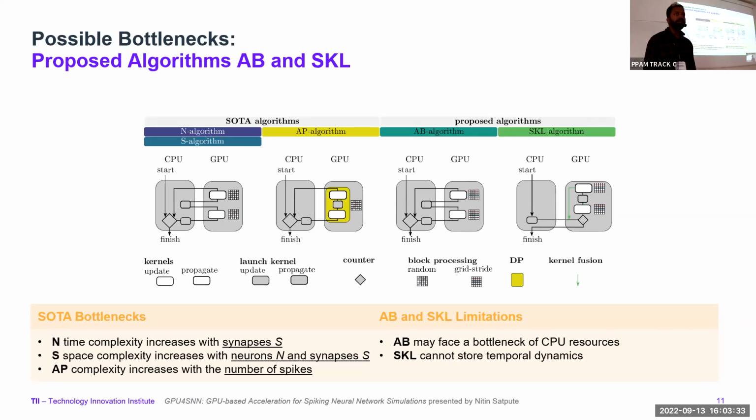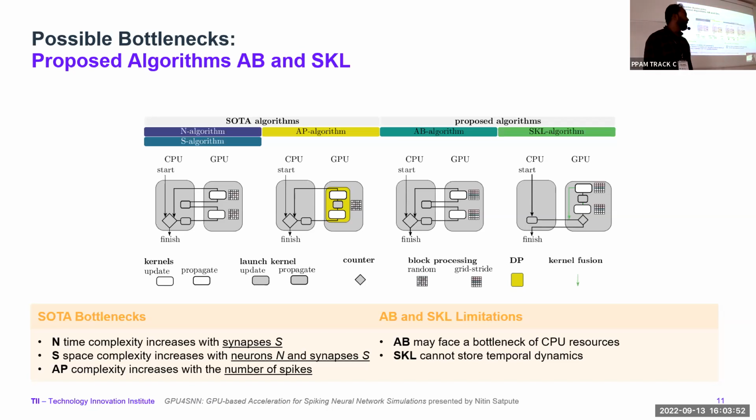This is how the SQL algorithm is implemented, which we call a single kernel launch. You launch a single kernel, and this single kernel makes sure that both the update and the propagation kernels happen iteratively on the GPU without any intervention from the CPU.